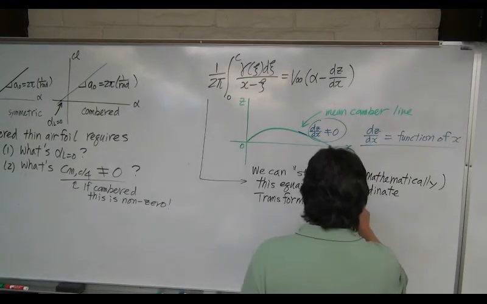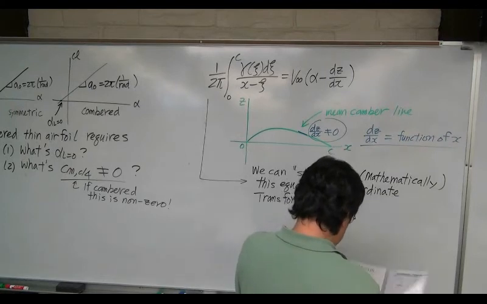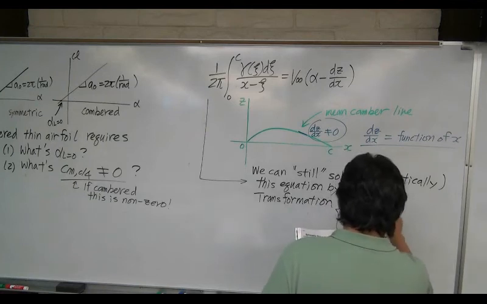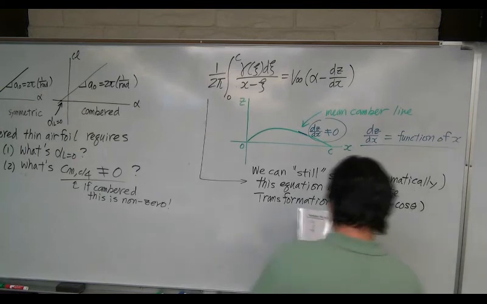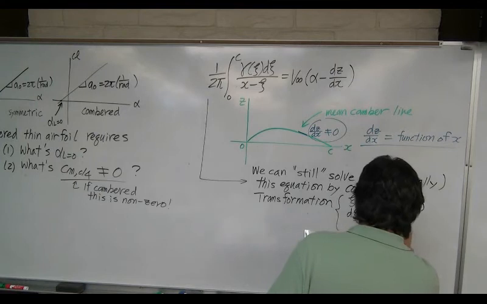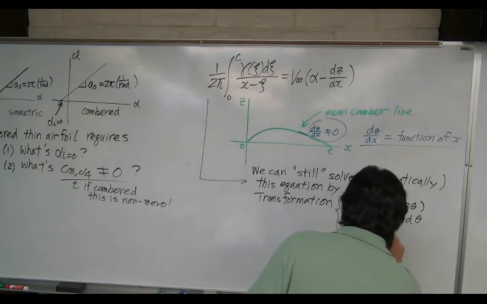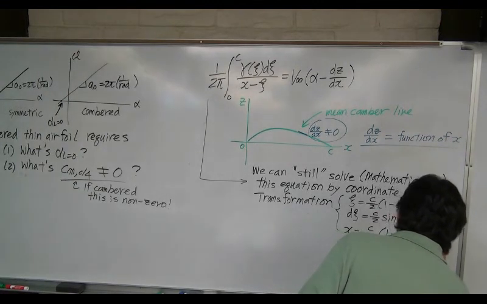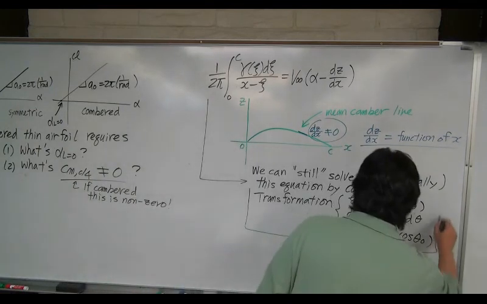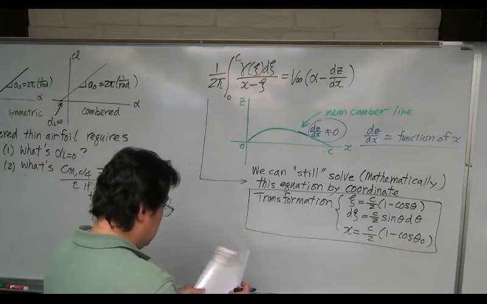Remember, it is the same exact coordinate transformation: x is half c times 1 minus cosine theta, dx is half c sine theta d theta, and x_0 is equal to half c times 1 minus cosine theta 0. So we can still apply the same exact coordinate transformation equation. Then you can transform this equation.